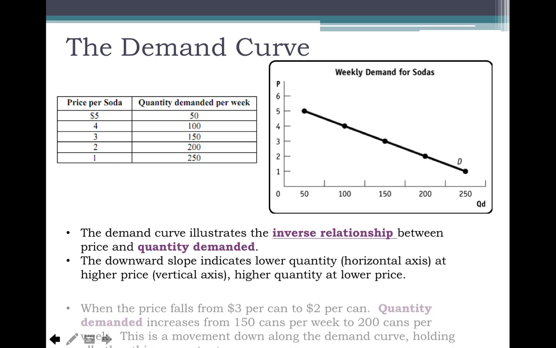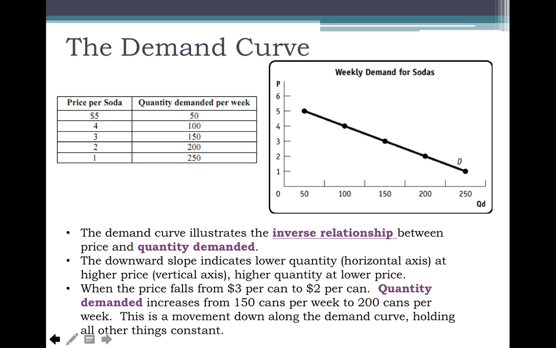Always, always downward sloping. And so you can see when the price falls from $3 to $2, the quantity demanded increases from 150 to 200. And the other thing that's important to remember that I mentioned here is that we're kind of eliminating all of these other factors. It's something economists call ceteris paribus, right?